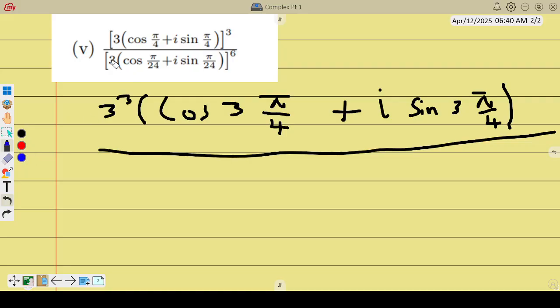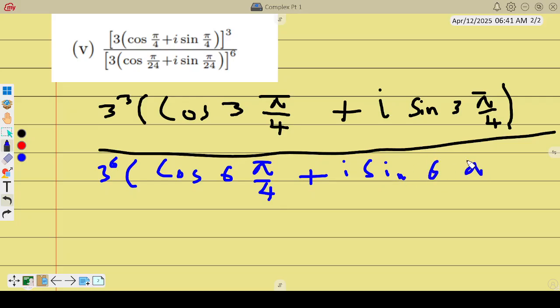On the denominator we have a 3, but the power is 6. This will be cos, the power 6 comes down, pi over 4, plus i sine, the power 6 has come down, pi over 24.